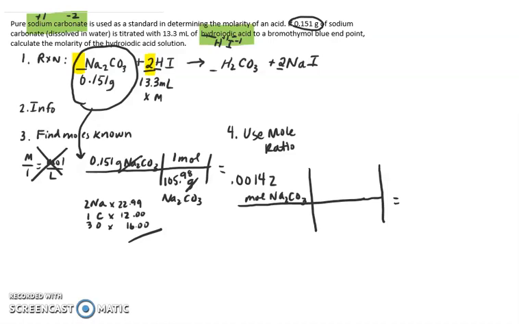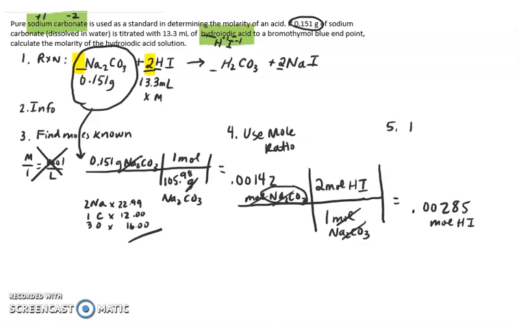For every 2 moles of HI, I have 1 mole of sodium carbonate. So sodium carbonate needs to go on the bottom: 1 mole of sodium carbonate per 2 moles of HI. Again, I haven't cleared my calculator. I'm just taking the number that's on my calculator right now, times 2 divided by 1, and I get for an answer over here 0.00285 moles of HI. And moles of sodium carbonate cancel.